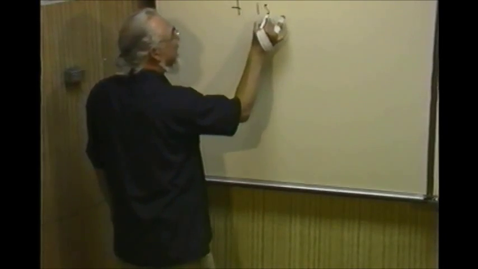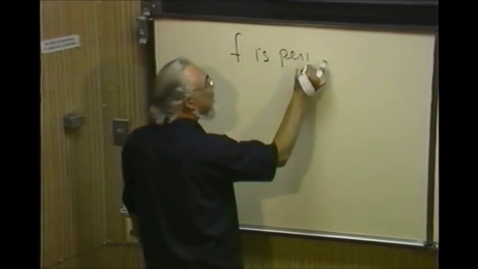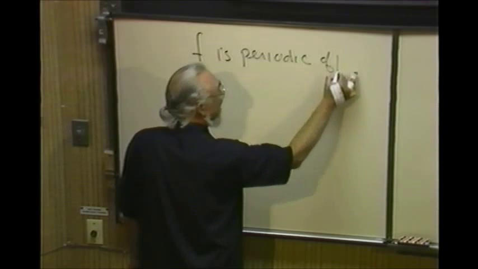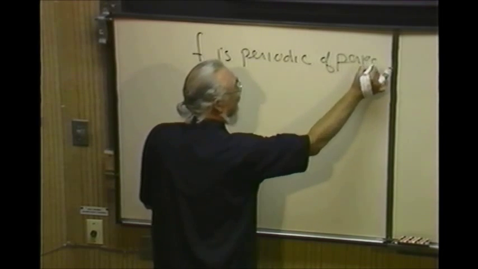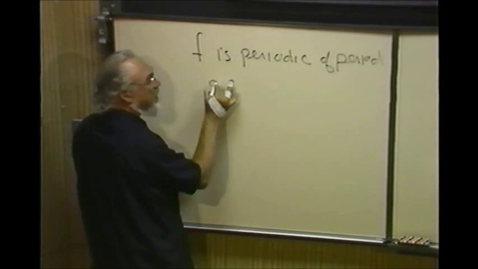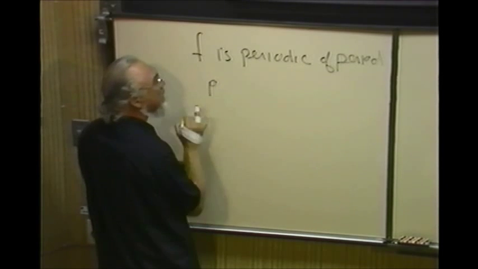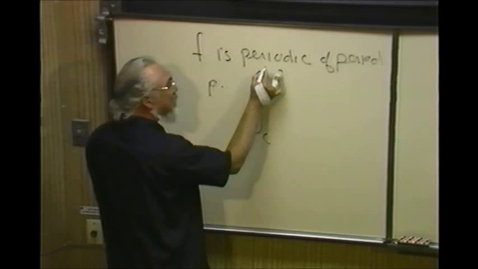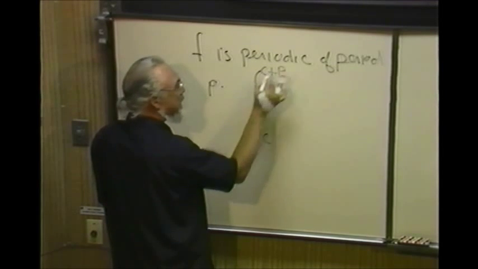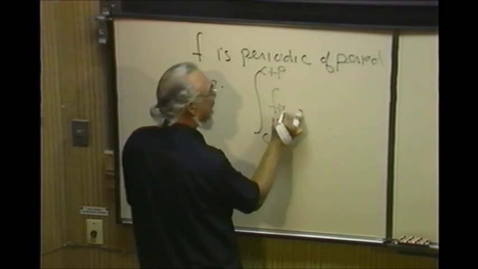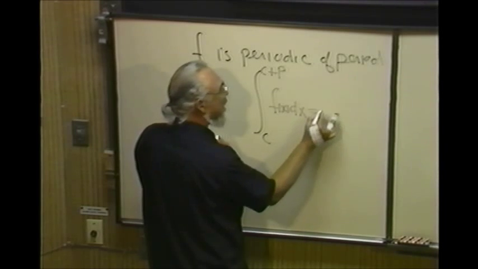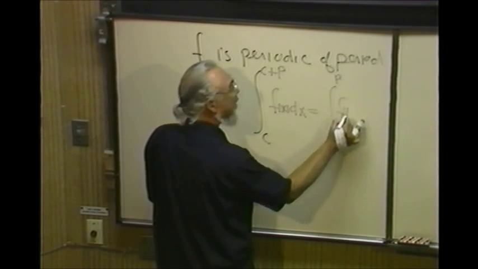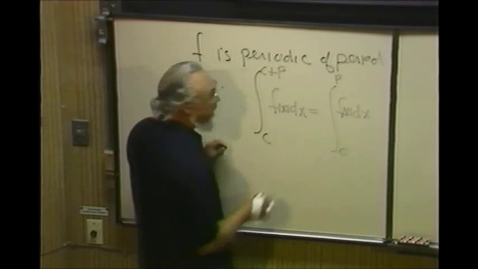F is periodic of period P, and what you show is that the integral from C to C plus P of the function equals the integral of the function from 0 to P of f of x dx.